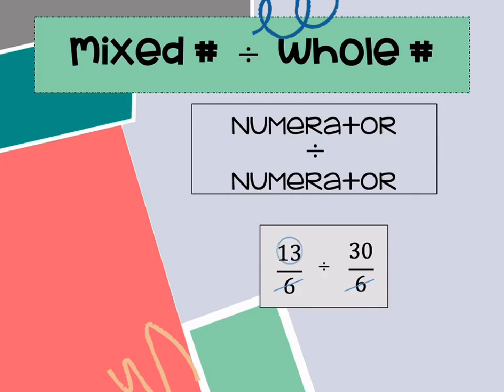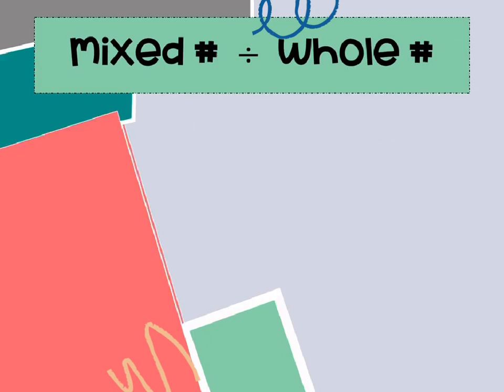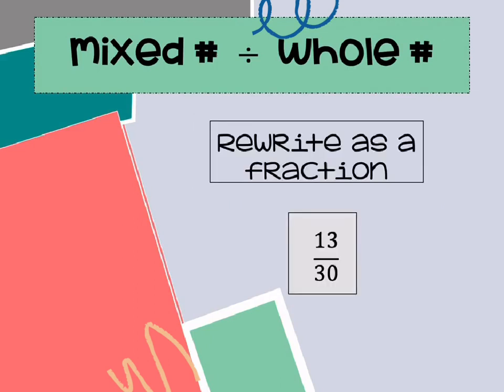You say that you're doing 13 divided by 30. And when we are done with that, you want to make sure that you rewrite your number as a fraction. Now you have 13/30ths, because 13 is on your left, that's your numerator, and 30 is on the right, that is your denominator.